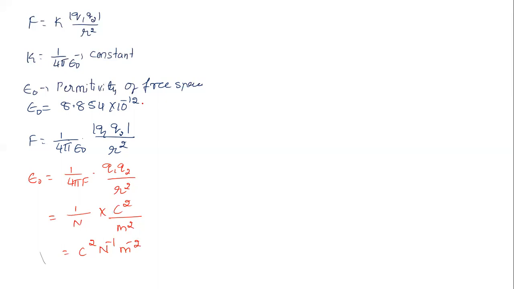So what is the unit for this now? It is Coulomb square per Newton per meter square. That is the unit of permittivity of free space. This is the unit of epsilon naught.